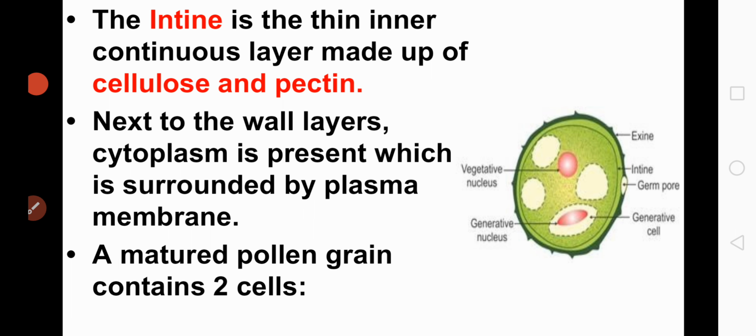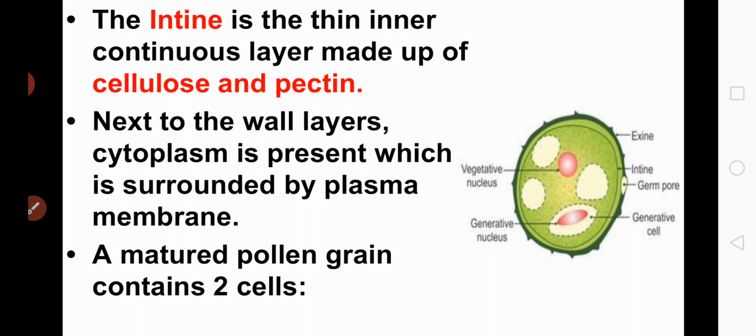The inner wall layer is called the intine, and this intine is composed of cellulose and pectin, and hence it is thin. So, exine is thick because it contains sporopollenin, whereas intine is thin because it contains cellulose and pectin. Am I clear?